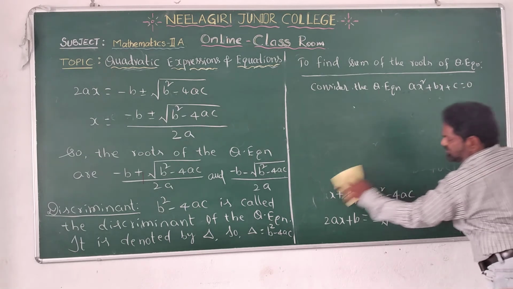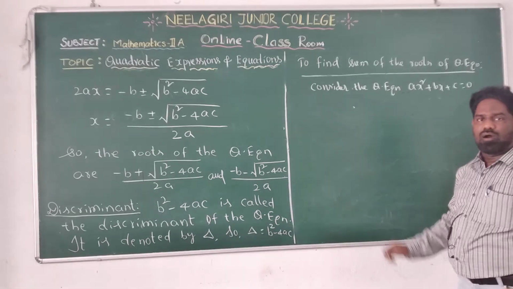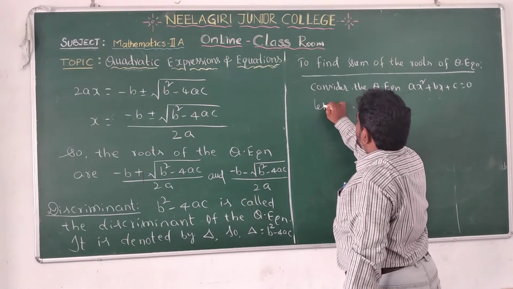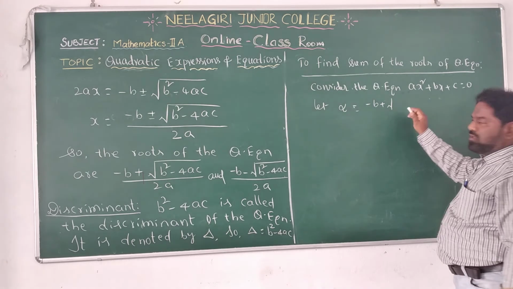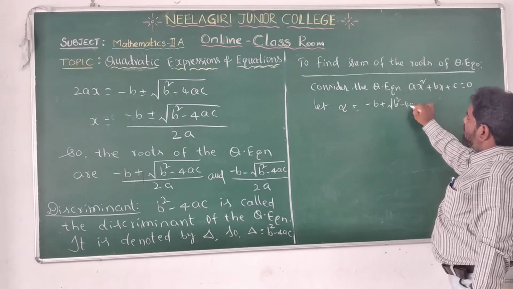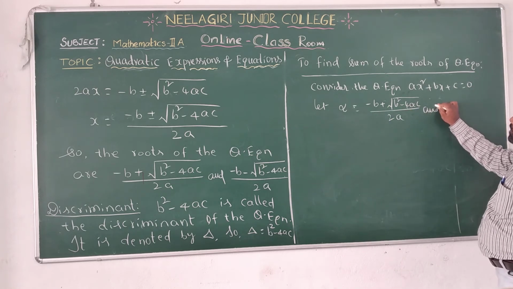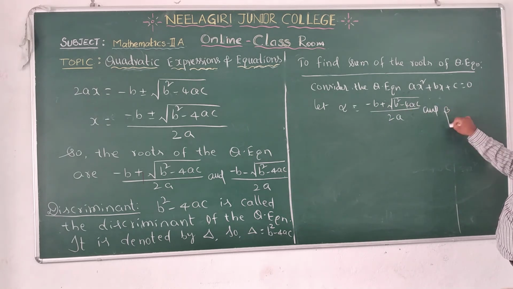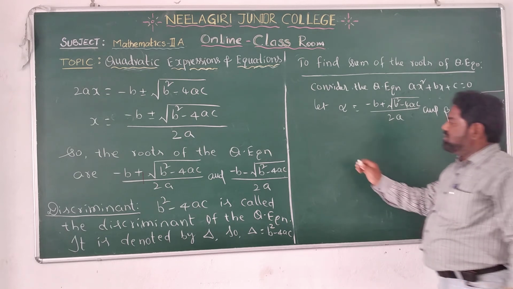We know the roots just now. Take one root as alpha and the other root as beta. Let alpha equal minus b plus root of b square minus 4ac by 2a, and beta equal minus b minus root b square minus 4ac by 2a.